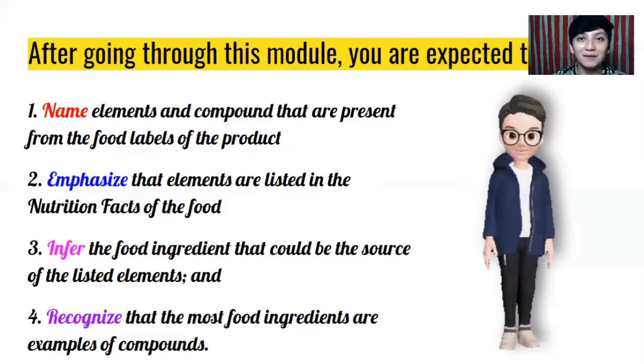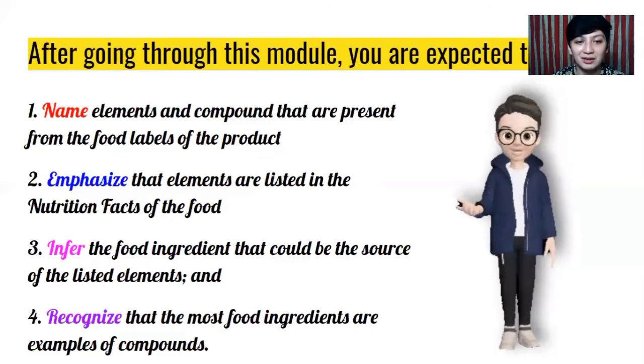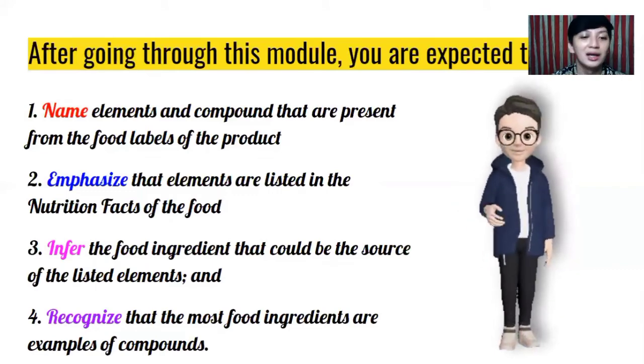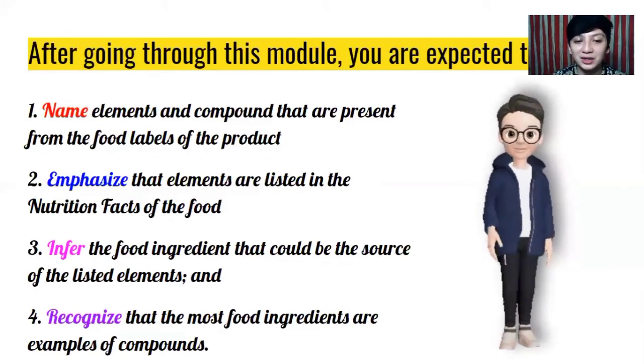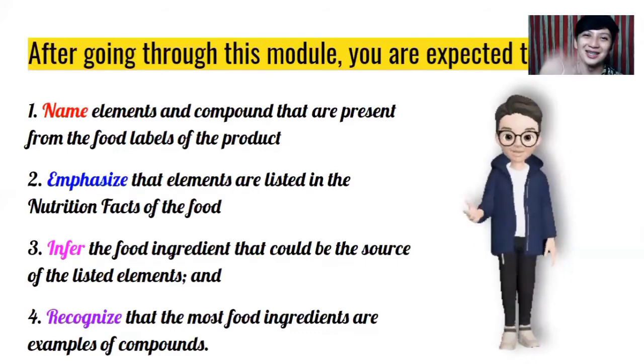Number two, emphasize that elements are listed in the nutrition facts of the food. Number three, infer the food ingredient that could be the source of the listed elements. And number four, recognize that most food ingredients are examples of compounds. So I think that you are ready to listen and watch carefully to this lesson number three.